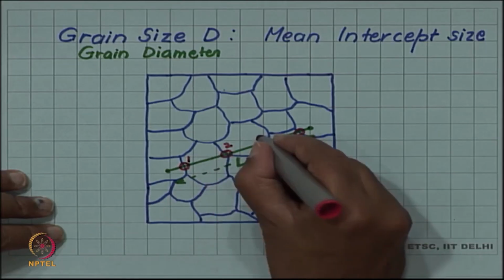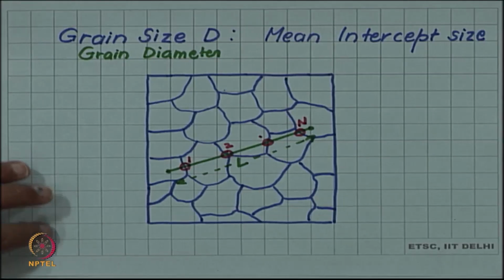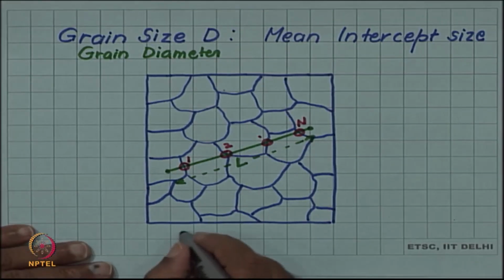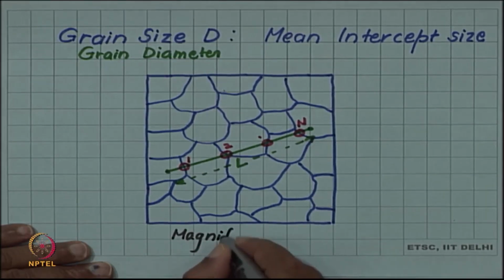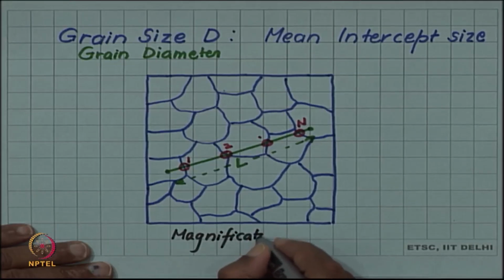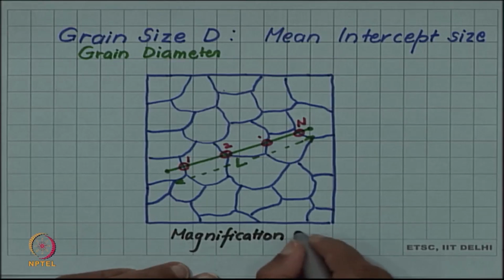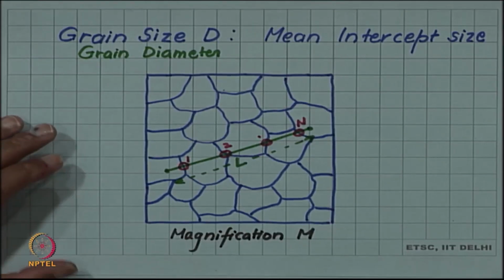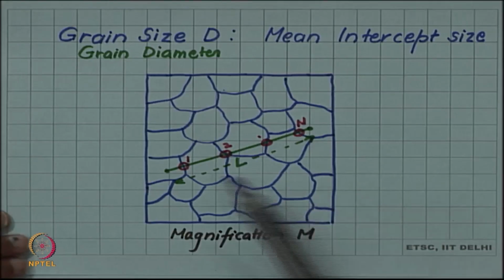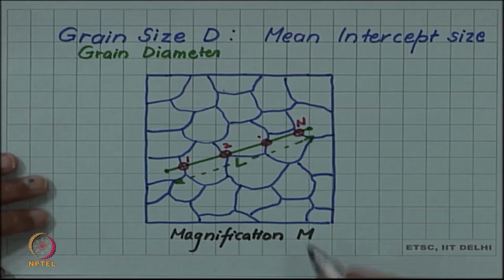So, let us say 1, 2, n grain boundaries are intersecting, and let the magnification of this image be m, because this is a microstructure, grain sizes are usually small, not visible by the naked eye, and you have to use a microscope at some magnification. So, the real length of this line on the specimen is L by m.